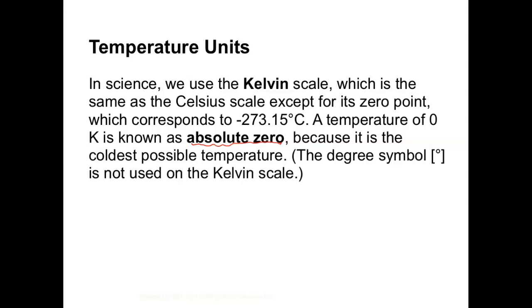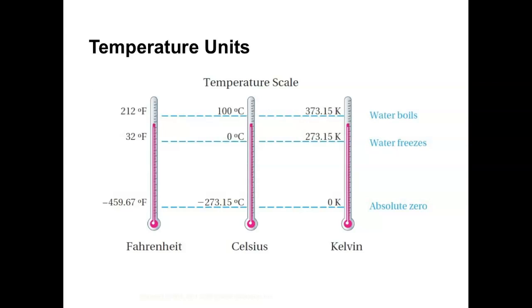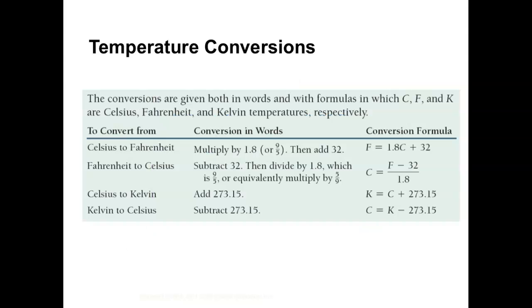We don't use the degree symbol on the Kelvin scale just to differentiate it from the other two. For Fahrenheit and Celsius, we do use the degree symbol, except you need to indicate with either a capital C or a capital F which unit of measure you're using. So there's your temperature units. Again, you can download these slides, they're available.